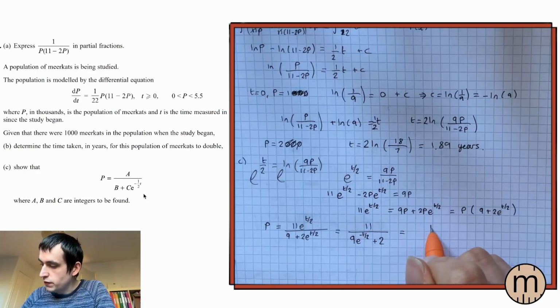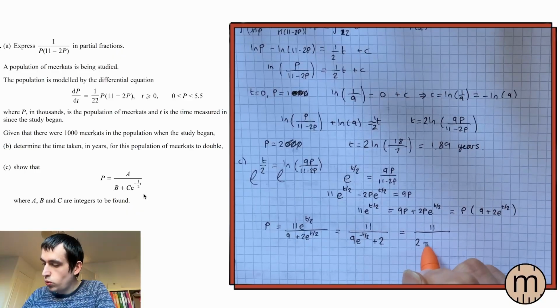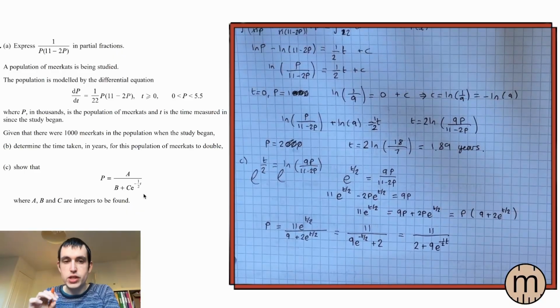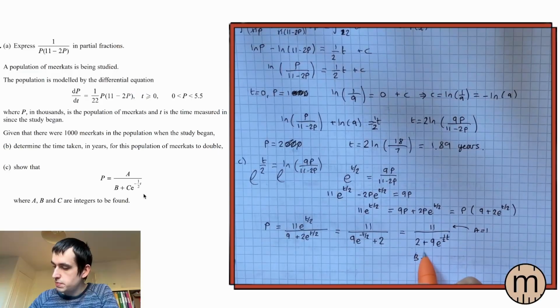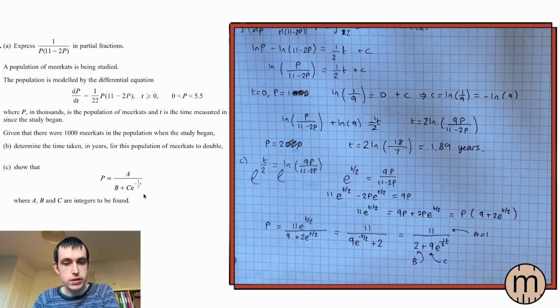It's not quite in the right form, so I'm just going to spend one more step making it look exactly the same to really show that I have done what they want. And now we get a as being 11, b as being 2, and c as being 9 in the form that they want. And that is it for 12 marks in total.